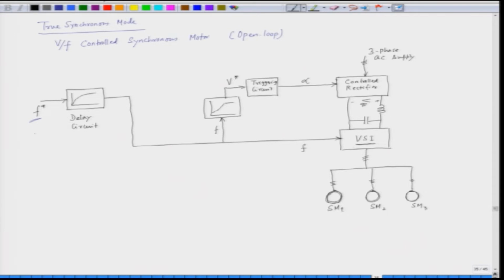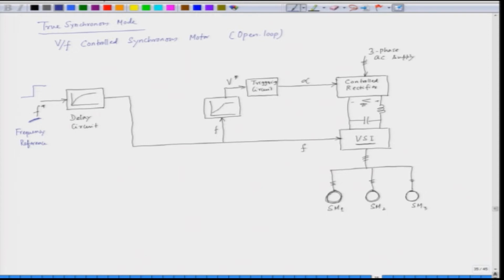Now, when we want to change the speed, what we do here is change the frequency. So, this is the frequency command, the frequency reference. We can apply a step change to the frequency reference, but the step change should not be applied to the motor. So, it is delayed by a delay circuit, and then we have the frequency, and we need to keep the flux constant.